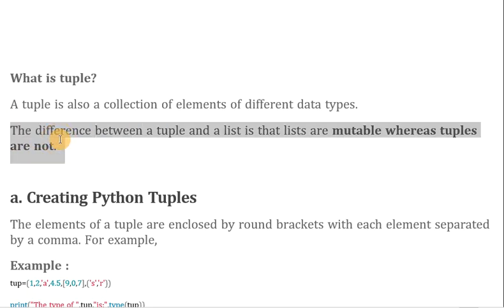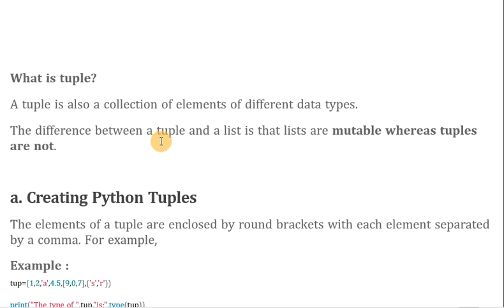The difference I can see between tuple and list is that lists are mutable. What do mutable and immutable mean? These are two terms basically used in terms of data types. When we say something is mutable, it means we can change its value as per our need, but immutable means we are not allowed to change the value.